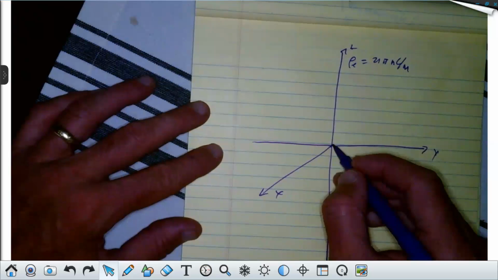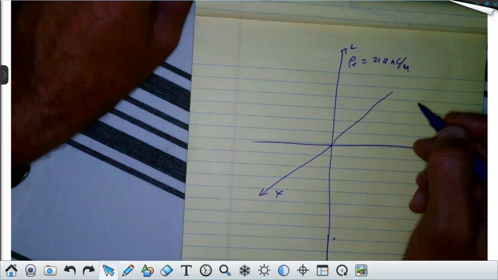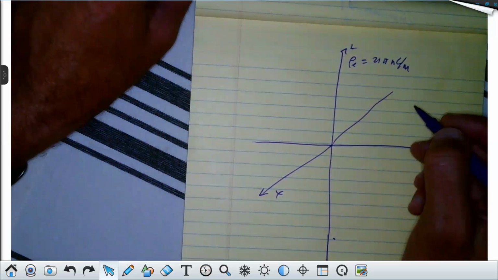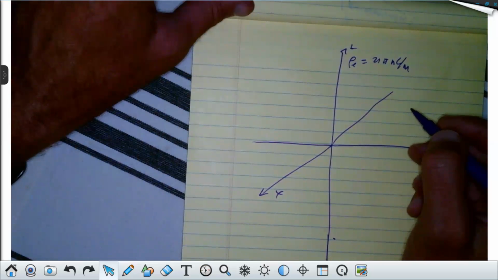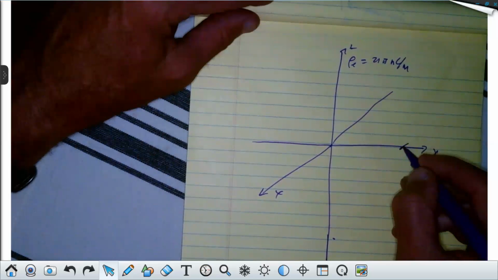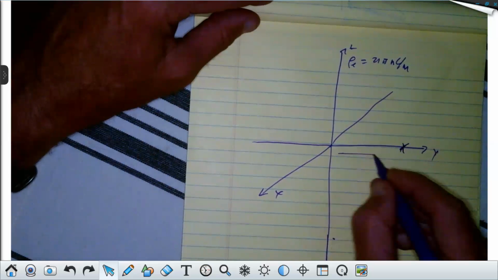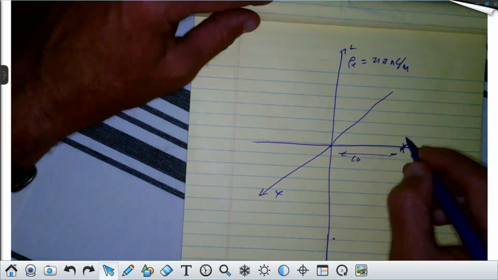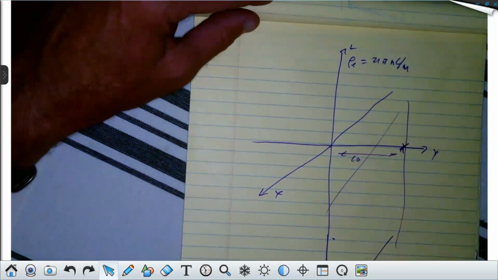Then he says that an infinite sheet of charge exists at y equal 10 meters. So if you come out 10 meters, where this distance is 10, you're going to have this infinite plane. Those are hard to draw, but you get the idea.